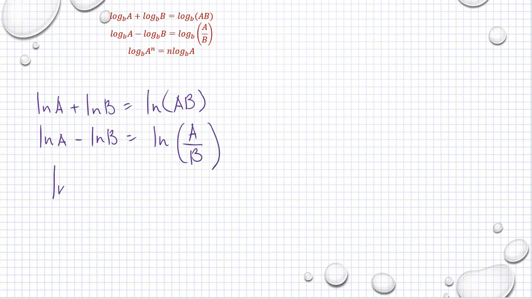And if we have ln of a raised to n, that is a, not x, it is equal to n ln of a. So you don't need to remember this, just remember this, it's enough. And if you deal with an exponential function with the base e, then use natural logarithm instead.